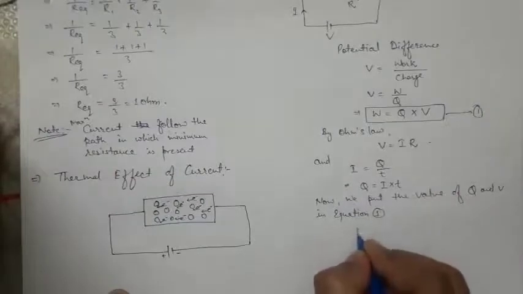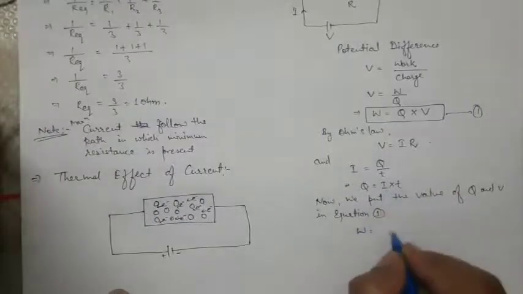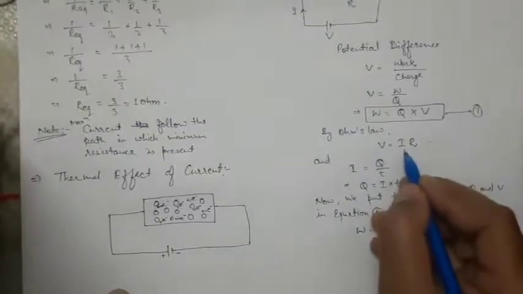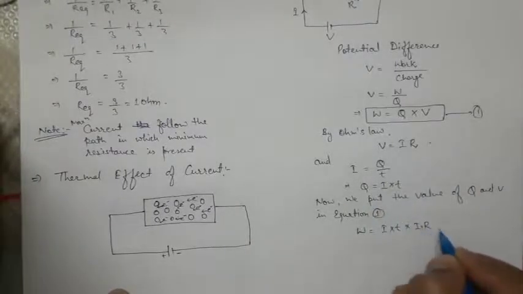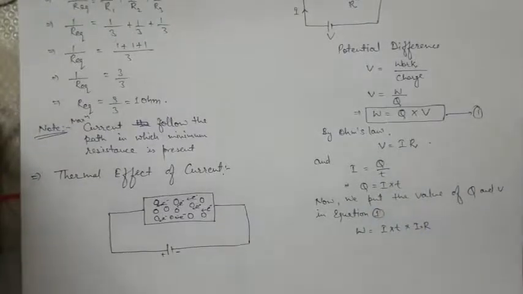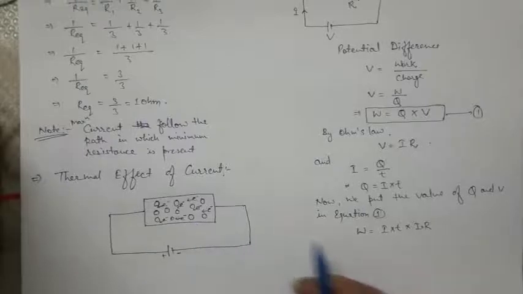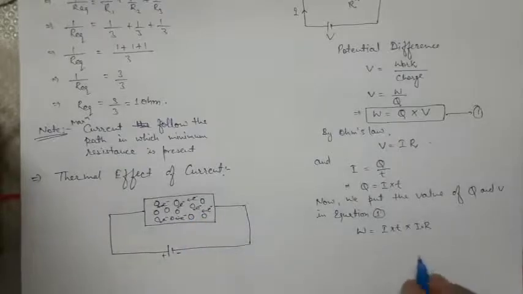So we get W equals, what is the value of Q? That is I into T. What is the value of V? That is I into R. Here, what is the work? Work is the heat generated by the collision of atoms and electrons, or we can say it's the thermal effect.